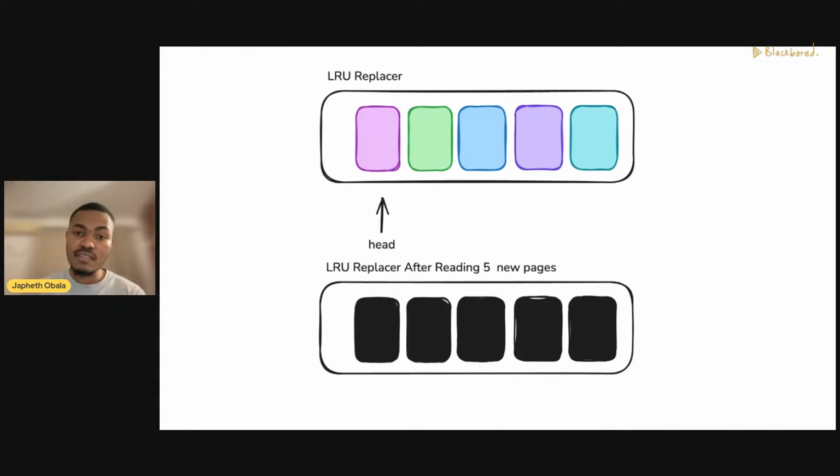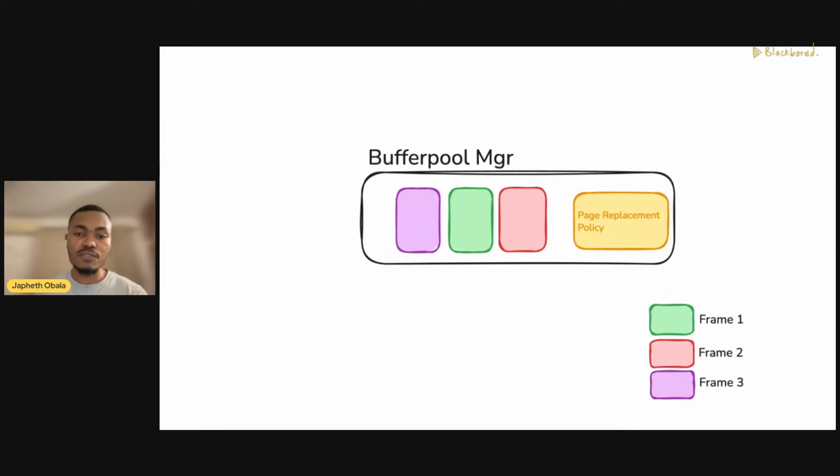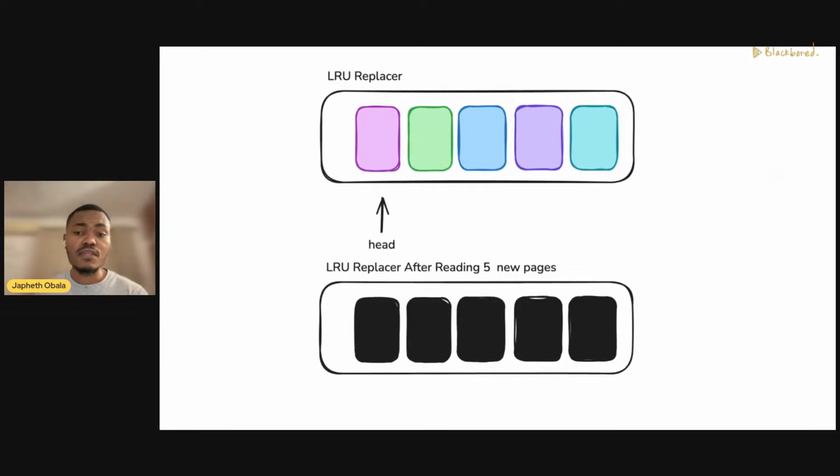But if we use an LRU replacement policy, what happens is, if we do a table scan and we have to go through all the pages for a table, and say the table has five pages, and assuming our buffer pool is full, then the buffer pool manager will say, okay, I'm full, so let me evict the least recently used page.